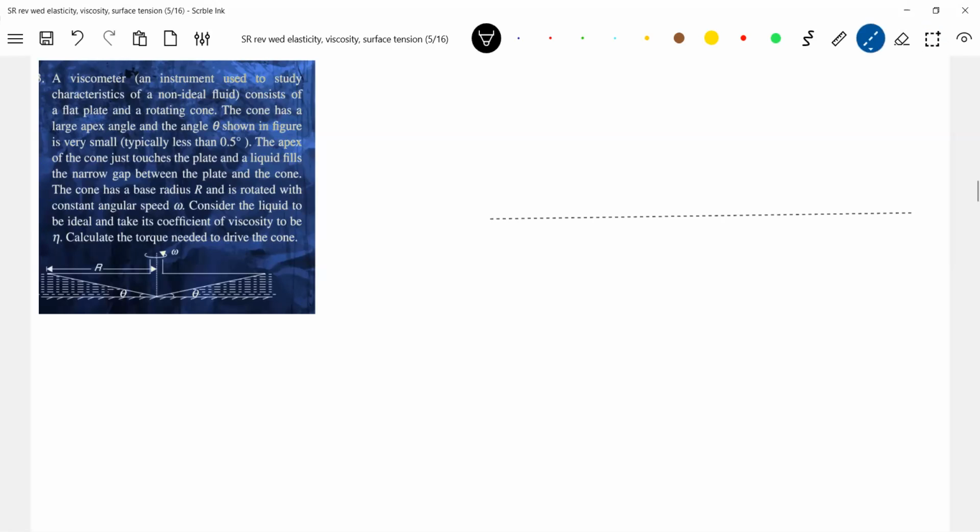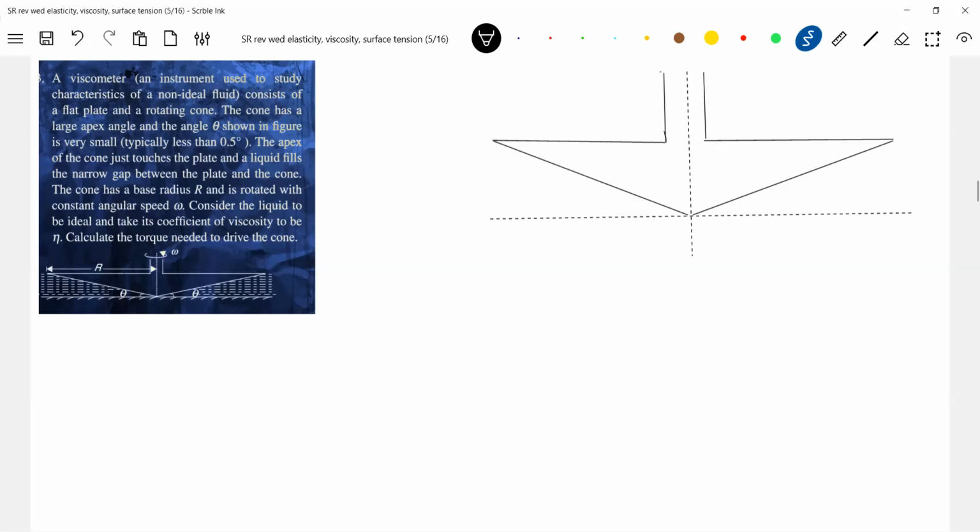Okay, we have a cone. First, let me take the axis. I'll construct the diagram. You read the question. Okay, there's a cone, and surrounding this, everything is liquid.